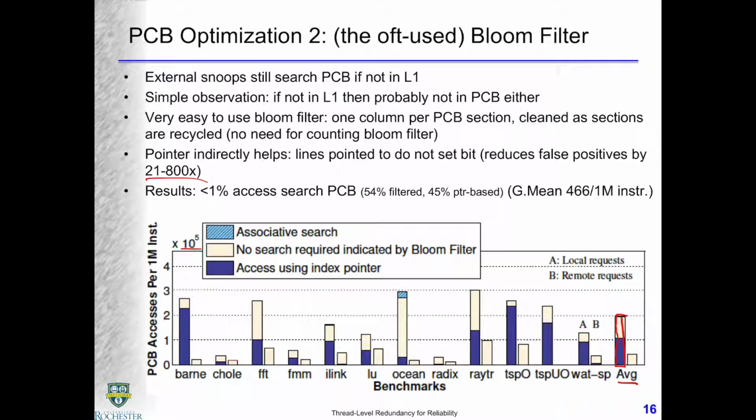And out of a million, I also have about 50,000 or so search requests from an external agent, a snoop from my neighboring processor to say, I need value X, or I want to invalidate cache line X. So that's the left-hand side, local requests. The right-hand side, remote requests. But how many do I really do?